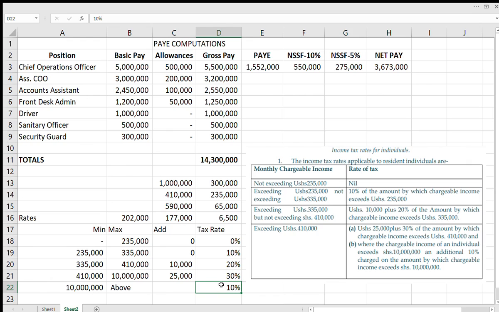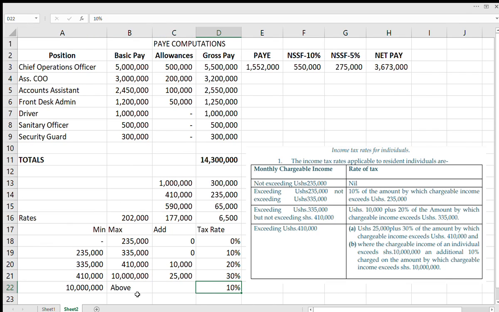But also, the person will also have to pay because he has already met the condition here of having 10 million. Anybody between 410,000 and 10 million will have to pay 30% on that amount that is above 410,000 shillings, then plus 25,000.